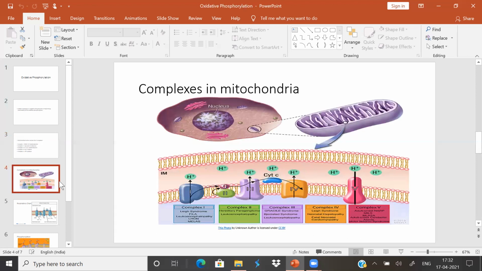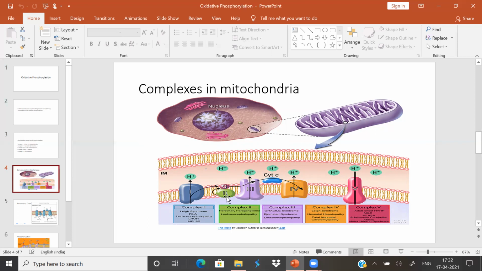Now, each complex contains some coenzyme or cofactor. Complex 1 contains coenzyme FMN, that is flavin mononucleotide, and an iron sulfur complex. Complex 2 is succinate dehydrogenase.